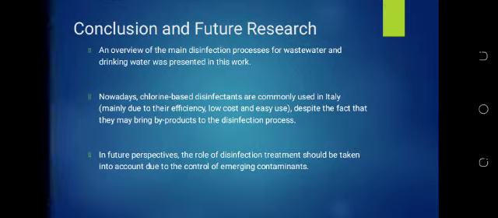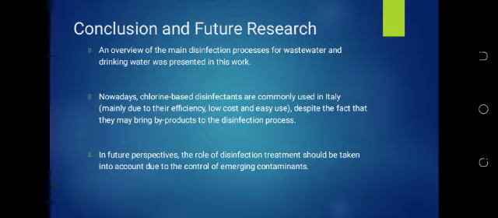Then conclusion and future research about the disinfection process. An overview of the main disinfection processes for wastewater and drinking water was presented in this work. Nowadays, chlorine based disinfectants are commonly used in Italy, mainly due to their efficiency, low cost, and easy use, despite the fact that they may bring byproducts to the disinfection process.